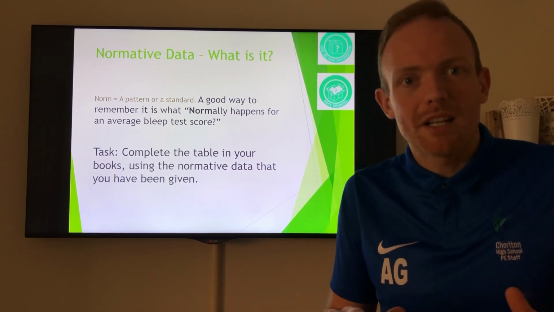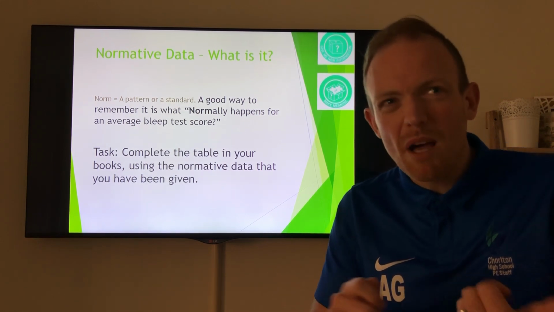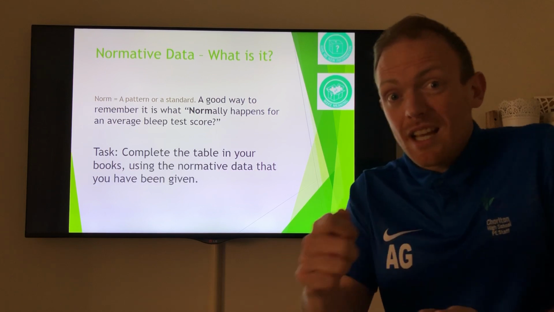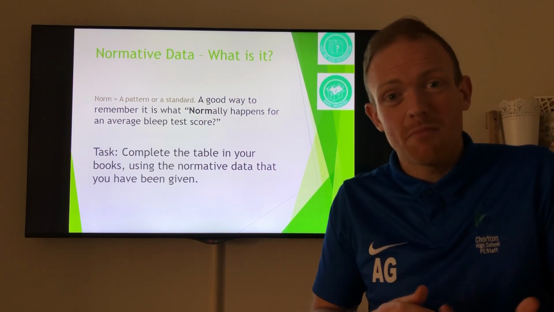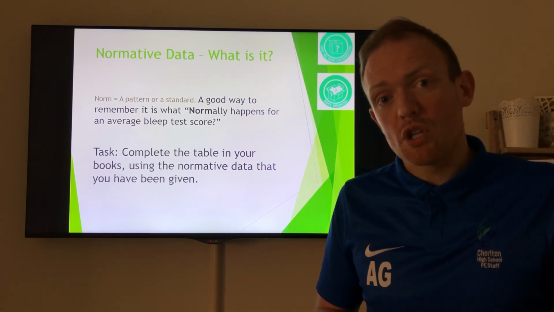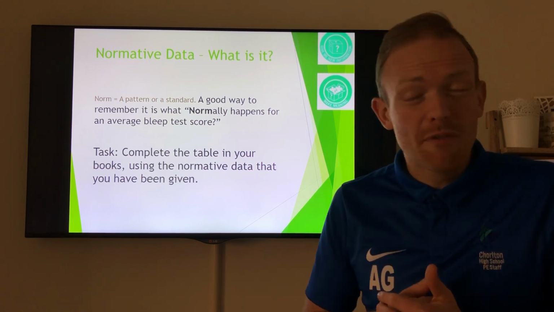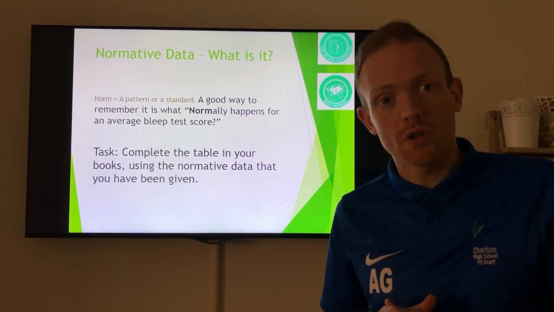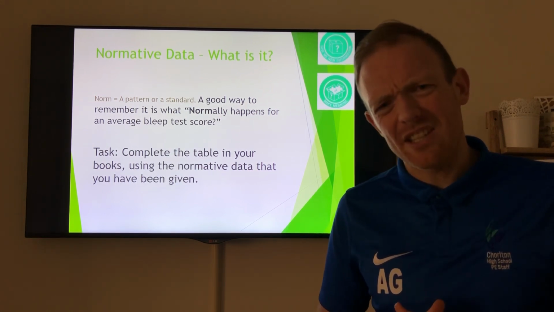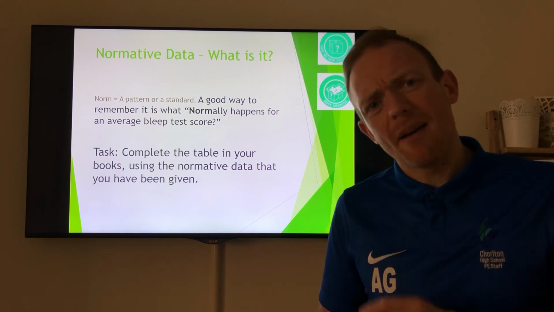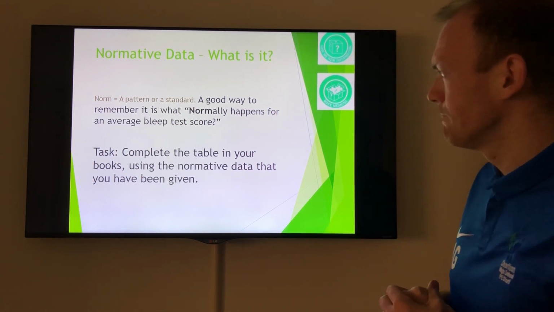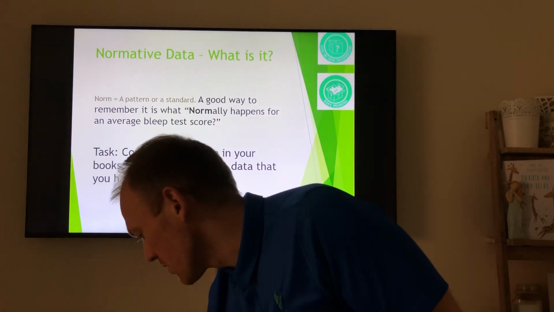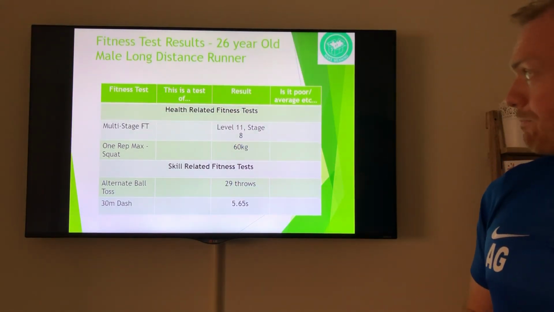That is not something we would expect you to do. It might be useful to have an idea of what's excellent and what's average, for example. It's good for your coursework as well. All this stuff is vital knowledge for your coursework too. So really make sure you get to grips with that, because you're going to be doing that in year 10. Okay, so hopefully you understand what normative data is.